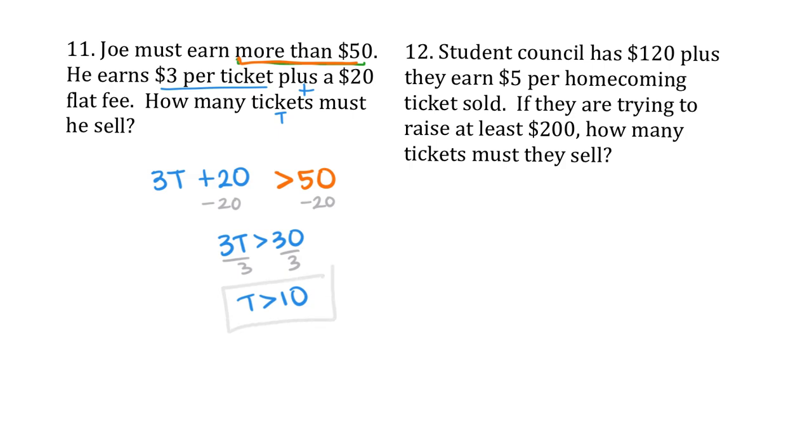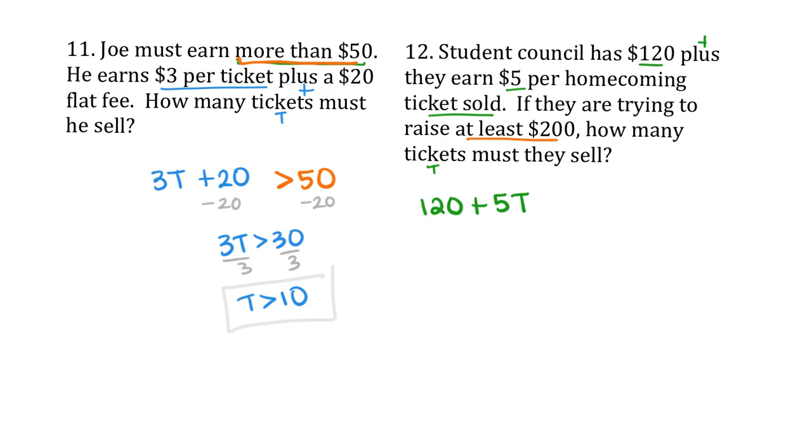Okay, one more question. Okay, student council has $120 plus $5 per homecoming ticket sold. If they are trying to raise at least 200, how many tickets must they sell? Okay, I'm going to pick T for tickets. You can pick X, I don't mind. Let me read it again. Okay, student council has $120 plus $5 per ticket sold.